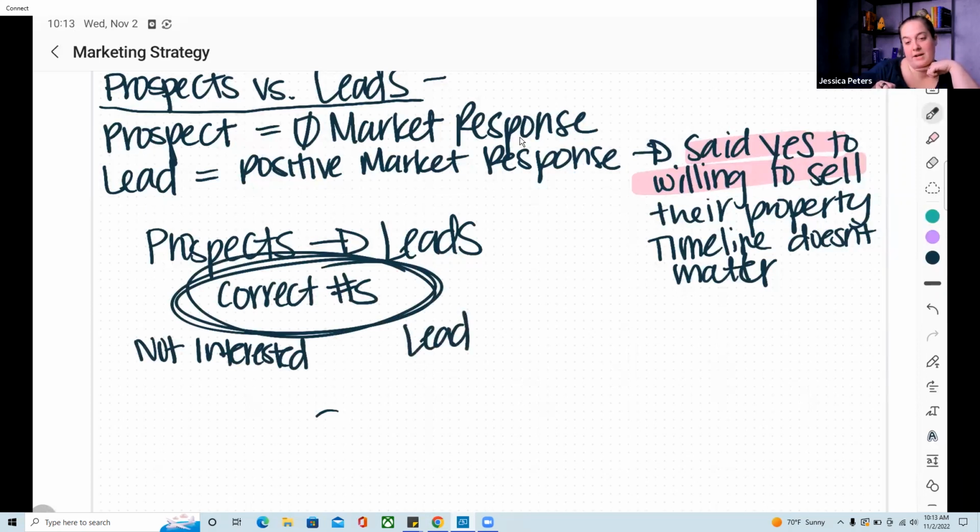If you have a correct number, it's not interested or it's a lead, or DNC is another possibility. But with either of these categories, not interested or leads, there is follow-up that's going to come into play. If somebody says they're not interested, but they're still open to talking, there is a follow-up that can come into that. Not interested can become leads later, right? So you just handle them a slightly different way until they're maybe in a place where they do want to sell.